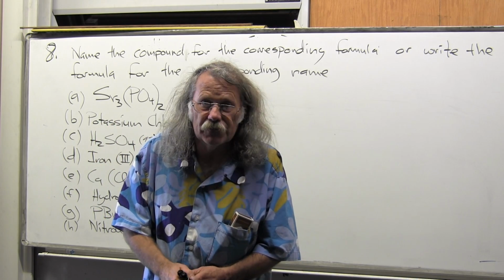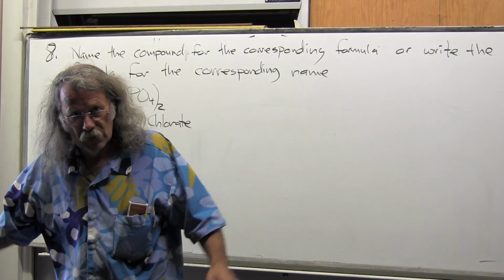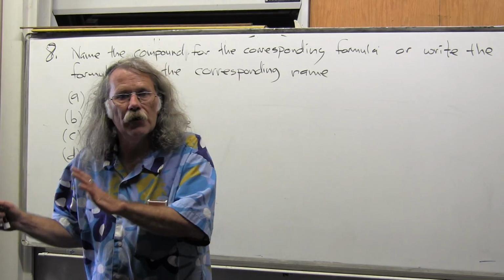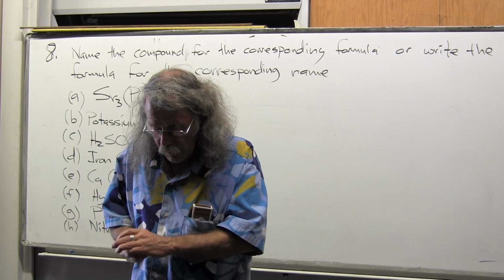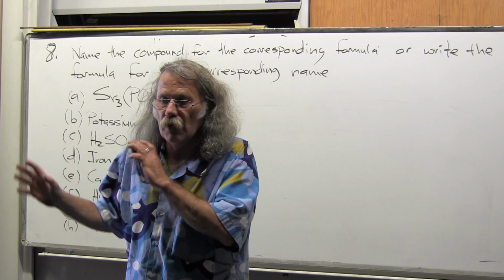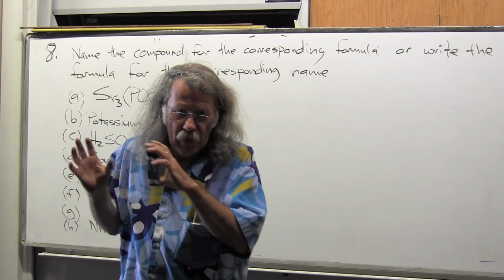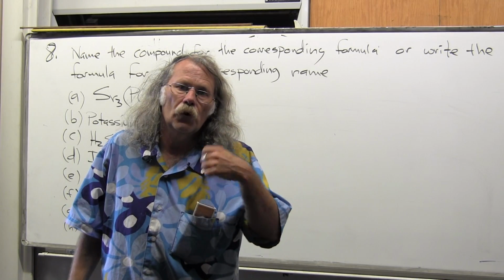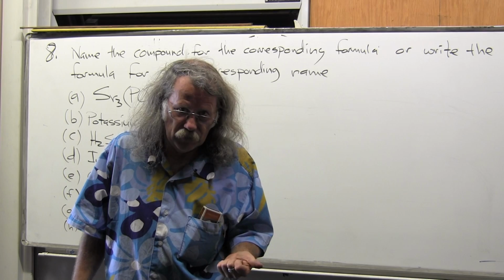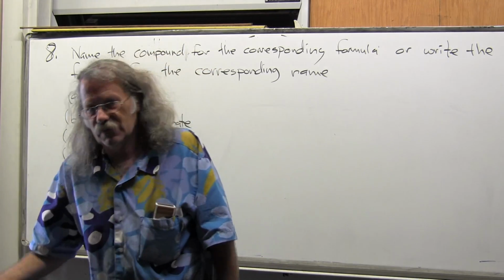When there are more than 2 possibilities, where there are 4 possibilities, we're going to keep the "-ate" and "-ite" protocol and extend it: the one with the most oxygens is given a "per" prefix and an "-ate" suffix, and the one with the fewest oxygens is given a "hypo" prefix and an "-ite" suffix.